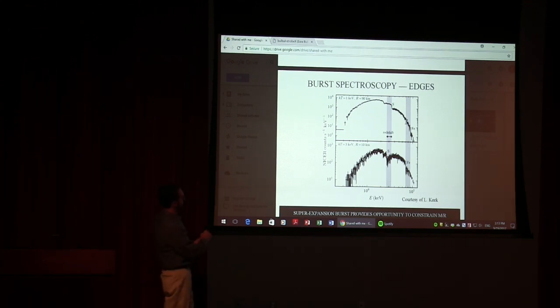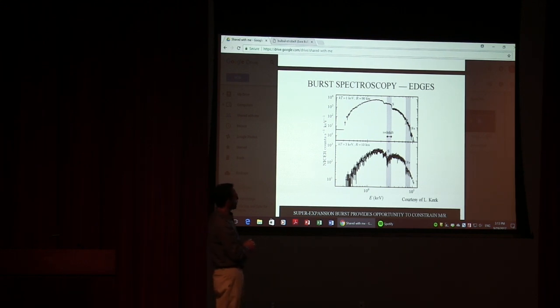Finally, this is the second to last slide, looking at edges and lines from bursts. This is courtesy of Lawrence. In a super expansion burst, one can hope to see absorption edges both when the expanding photosphere is hundreds of kilometers off the surface, where the gravitational redshift is minimal, and then again when it collapses back down to the surface.